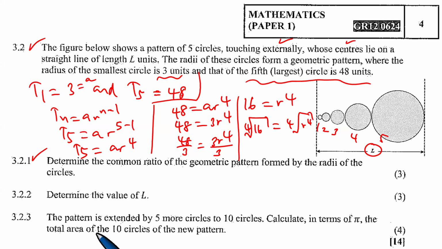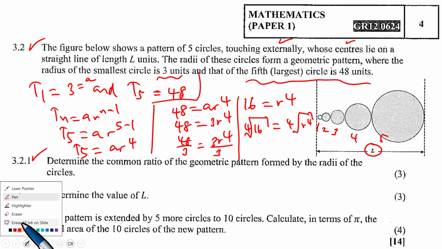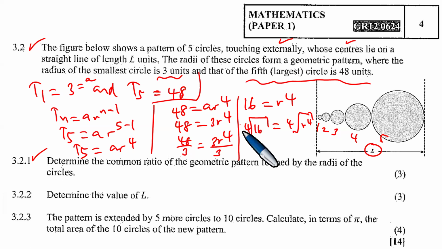So you put plus or minus here. Plus or minus the fourth root of 16 is 2, and this is R, so R is plus or minus 2. You need to look at this and reason, because you need to determine the common ratio of the geometric pattern formed by the radii of these circles.